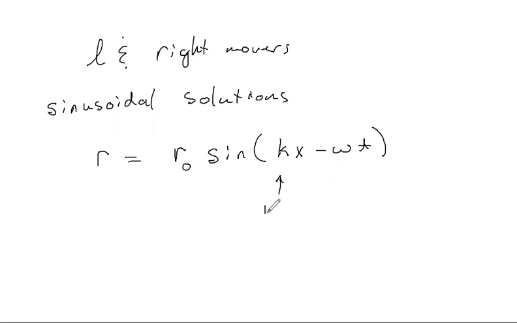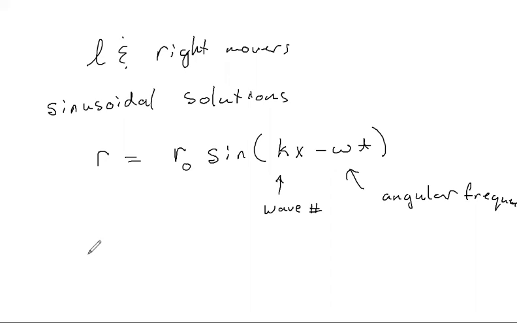k is called the wave number. Omega is called the angular frequency. You might think that these are just going to be arbitrary numbers, but what we actually find is that in order to solve the differential equation, we can plug this into the differential equation and we get the following relationship.